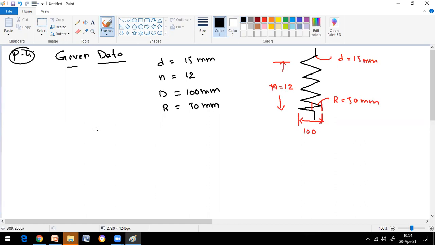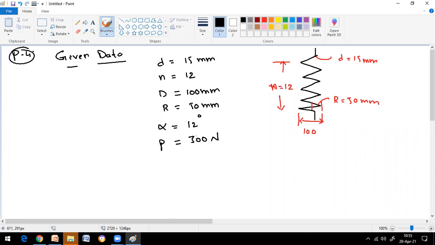Next, the angle of helix, 12 degrees, which is alpha. Calculate the deflection under an axial load P of 300 Newton, and the maximum intensity of direct shear stress induced in the section of the wire.